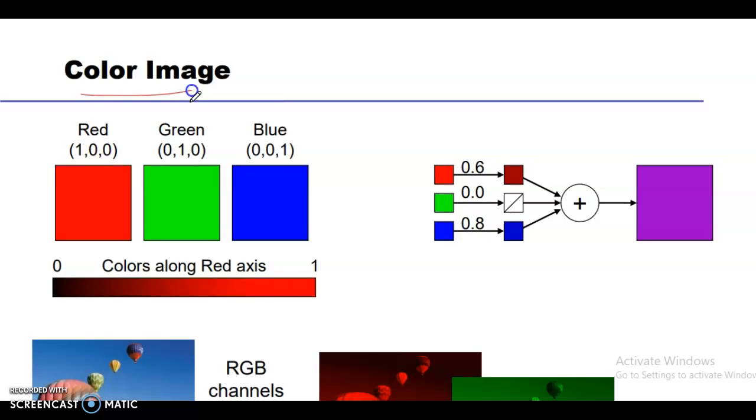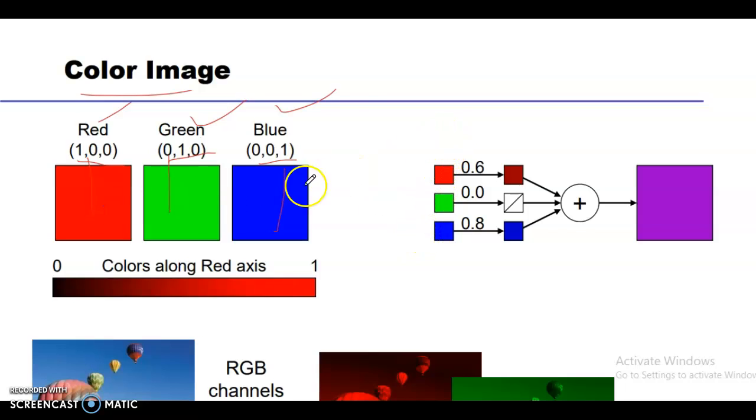Color image: red, green, blue, RGB, 1 0 0, 0 1 0, 0 0 1. This is blue, this is green 0 1 0, this one red.